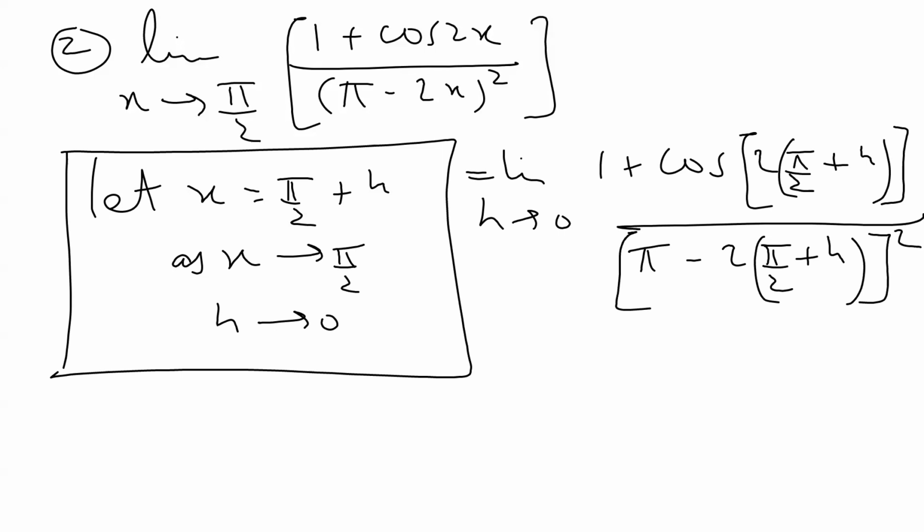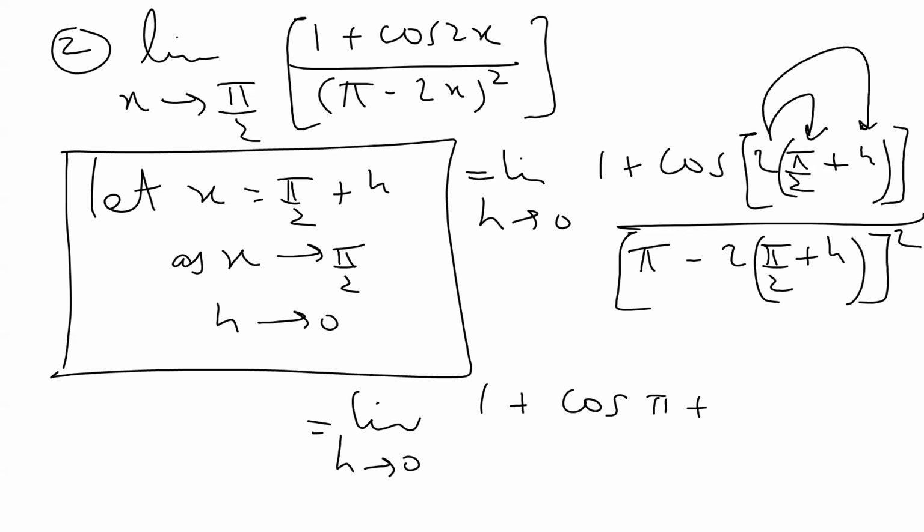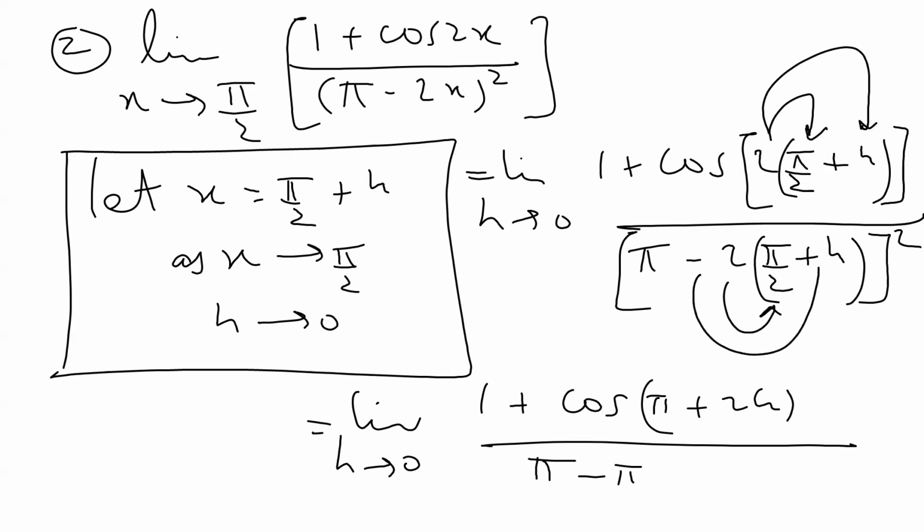Don't take too many shortcuts. So this equal to limit h approaching 0, 1 plus cos 2 into pi by 2 is pi plus 2 into h is 2h, pi plus 2h, upon 2 into pi by 2 is pi, minus into plus is minus h the whole square.